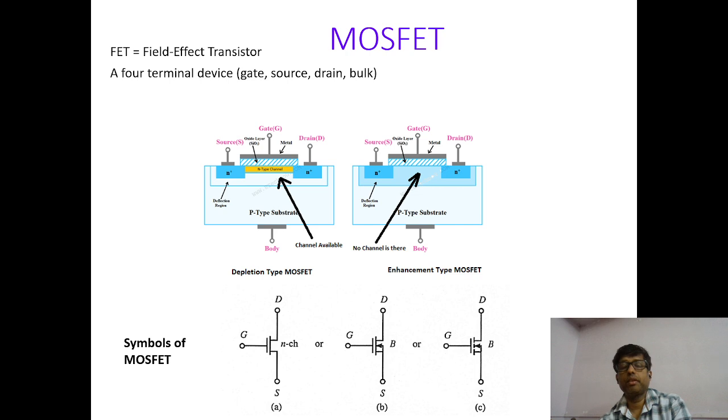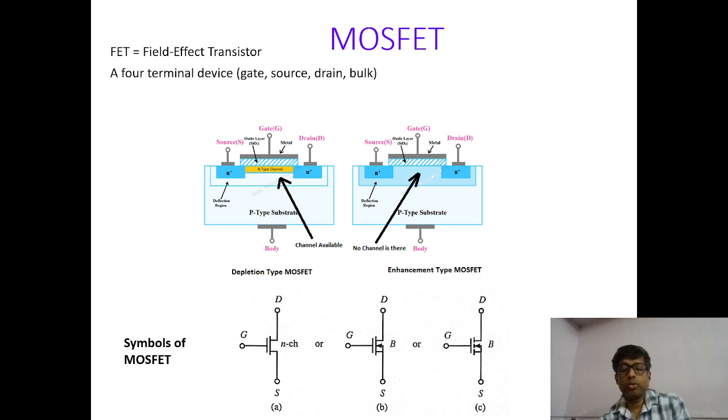semiconductor substrate, some portion of the substrate between the source and the drain, is diffused with the same type of impurity as that used for the formation of the source and the drain, before the oxide layer is deposited.